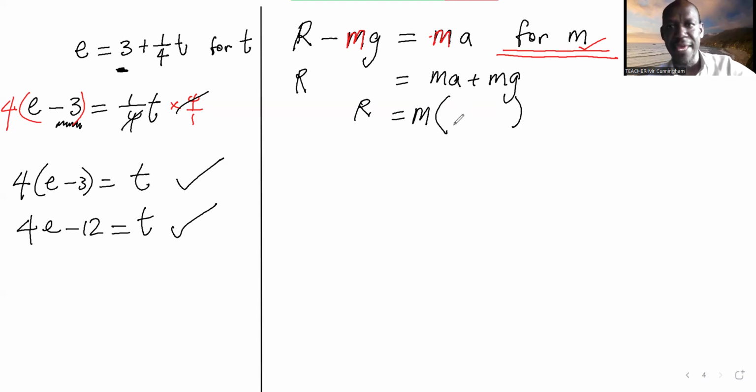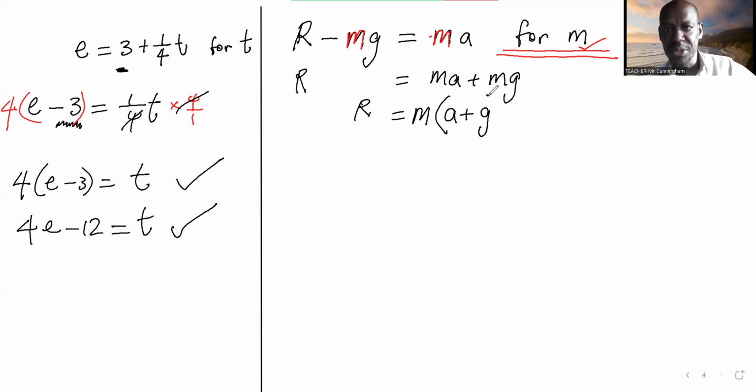M into MA, so A, and M into MG, G. But we are finding then for M. So go finish it up, Marcus.